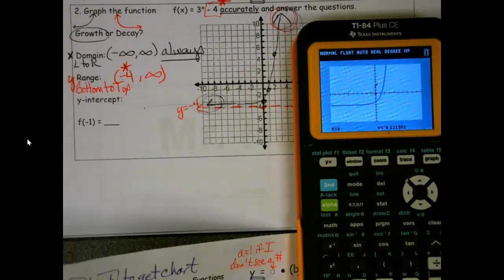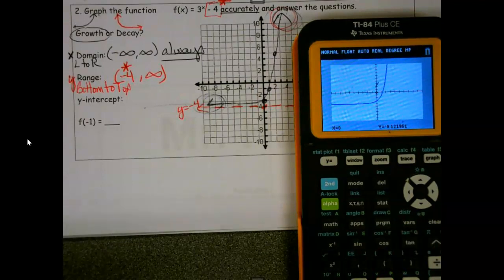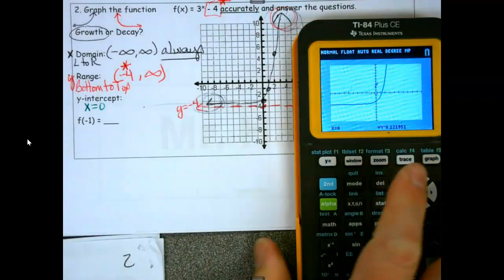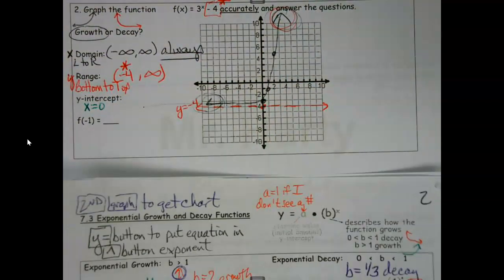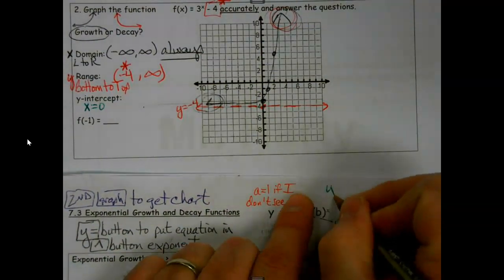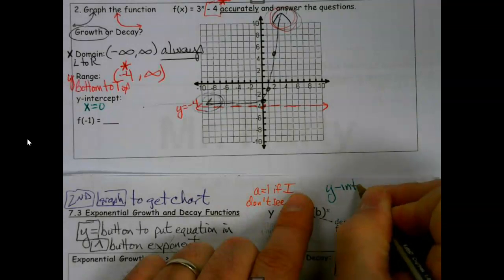Okay, let's see if I can get a little more help here from what I've got. Do I have my intercepts on here? It doesn't look like I do. So this one we've got to think about. We might even add this. Y-intercept occurs when x equals 0. Now, I do not see that on my notes, so I'm going to help myself out here and add a little something.